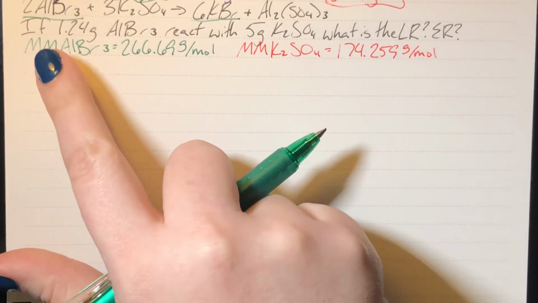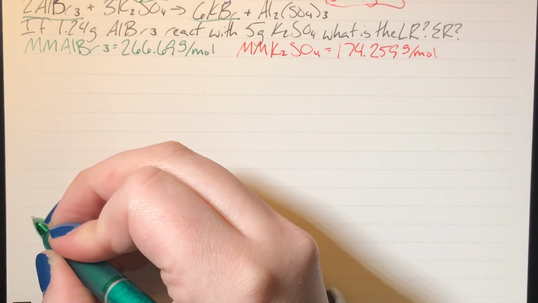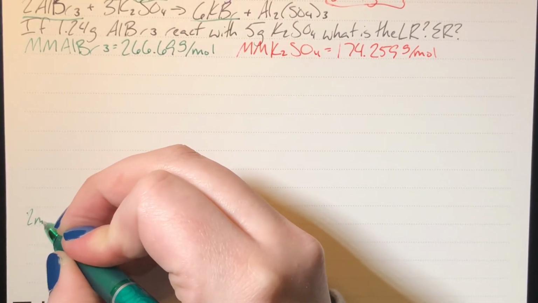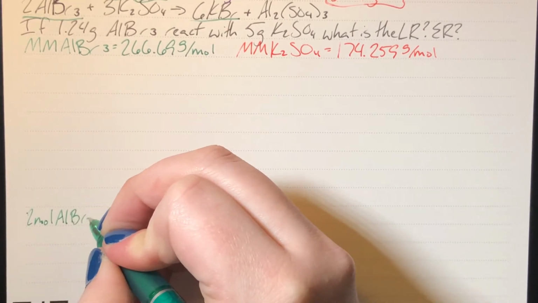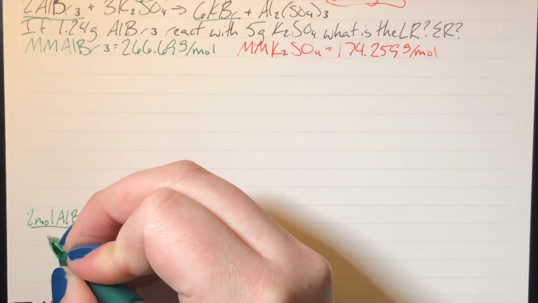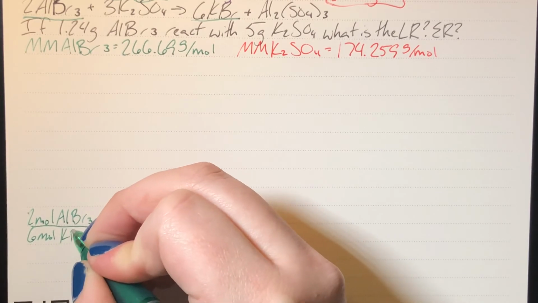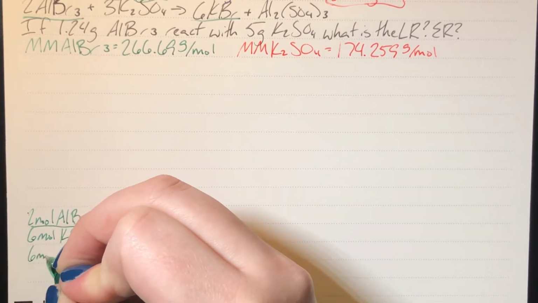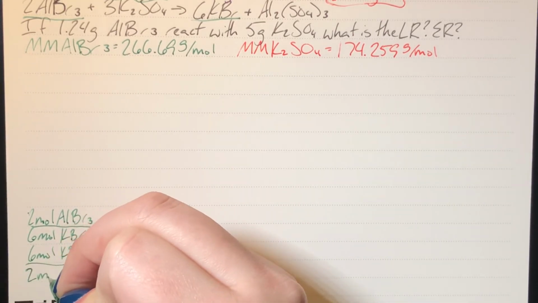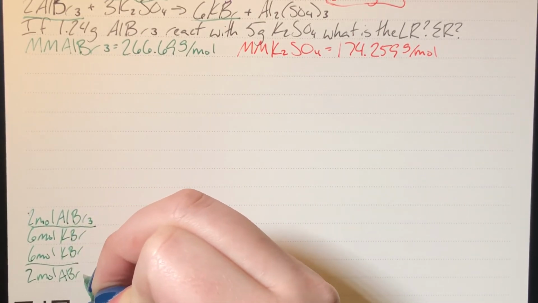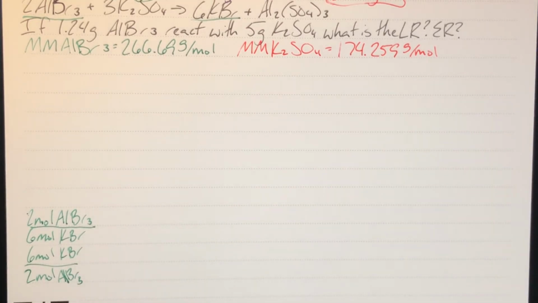So I'm going to go ahead and establish the mole ratios between these two. And so that will look like 2 moles of aluminum bromide for every 6 moles of potassium bromide, or 6 moles of potassium bromide for every 2 moles of aluminum bromide, AlBr3.